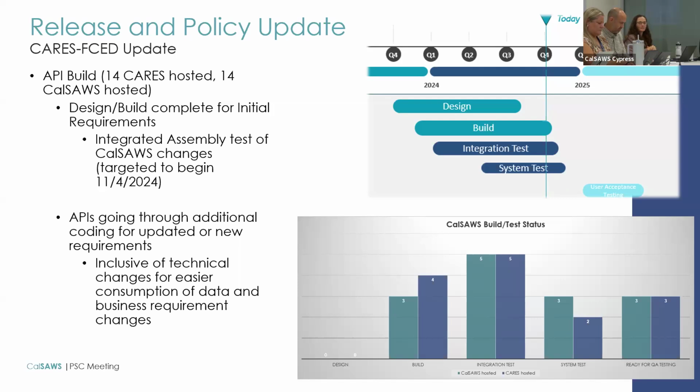We've heard it through various phases here as user acceptance testing. Each project has a little different nomenclature, but that will really be an opportunity for the counties to participate in hands-on-keyboard testing, which we know is very important as we go into these integration testings, not only happy path, but unhappy path testing to make sure that we shake out all these APIs and the integration of the data that we're sending back and forth.